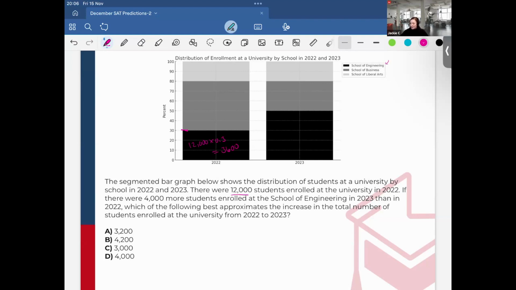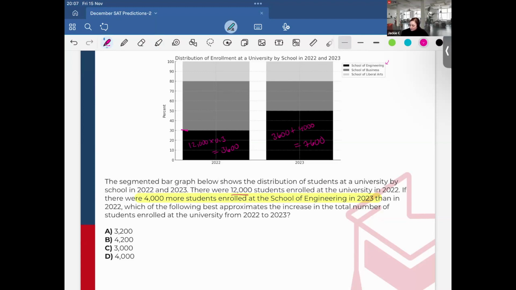And then it says there were 4,000 more students enrolled in the School of Engineering in 2023. So this would be 3,600 plus 4,000, which is equal to 7,600. So now there are 7,600 students enrolled in the School of Engineering in 2023.